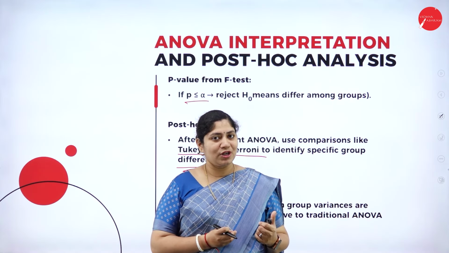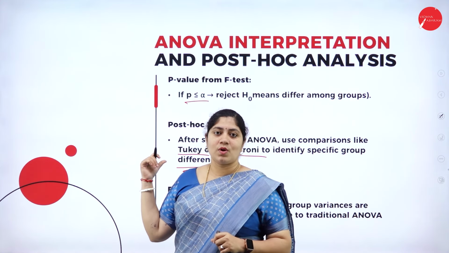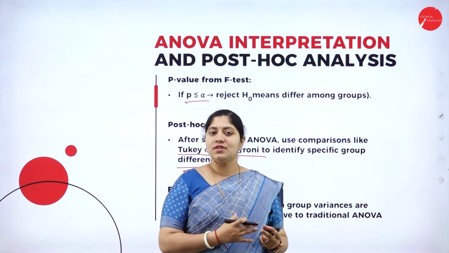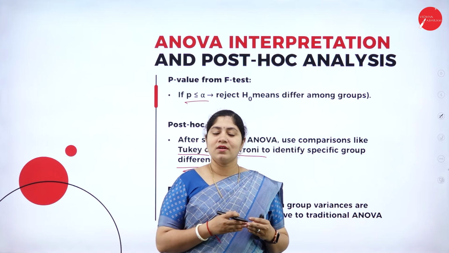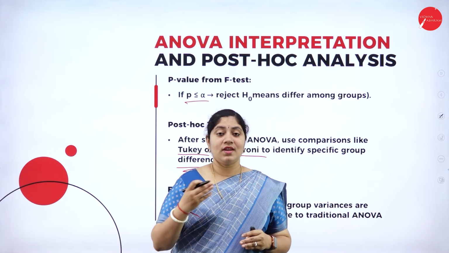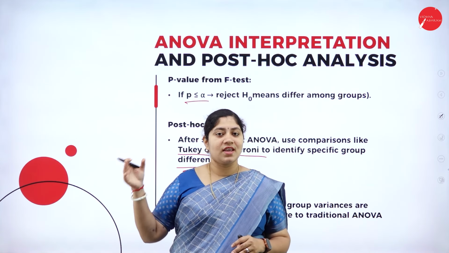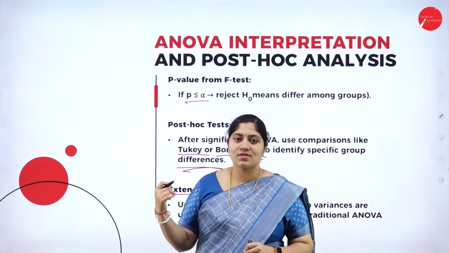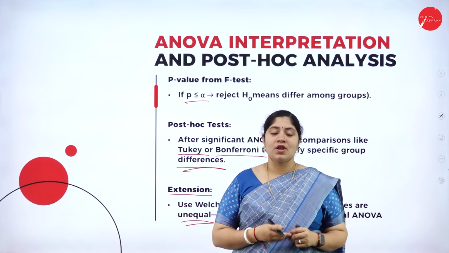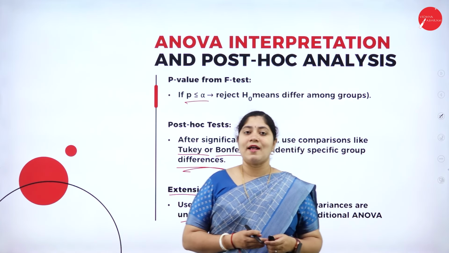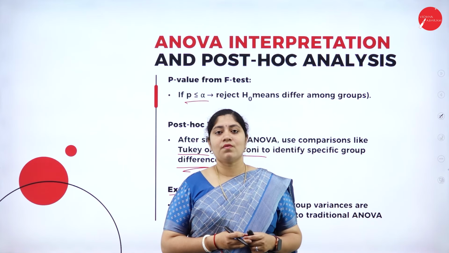And if the things don't come under our interpretation, the next level is the extension. So yes, all these things we have discussed with respect to ANOVA, that is analysis of variance. So this is all about ANOVA.